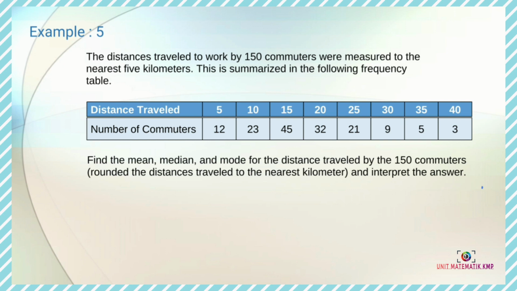Next, we find the median. It is equal to 150 plus 1 over 2 observation.